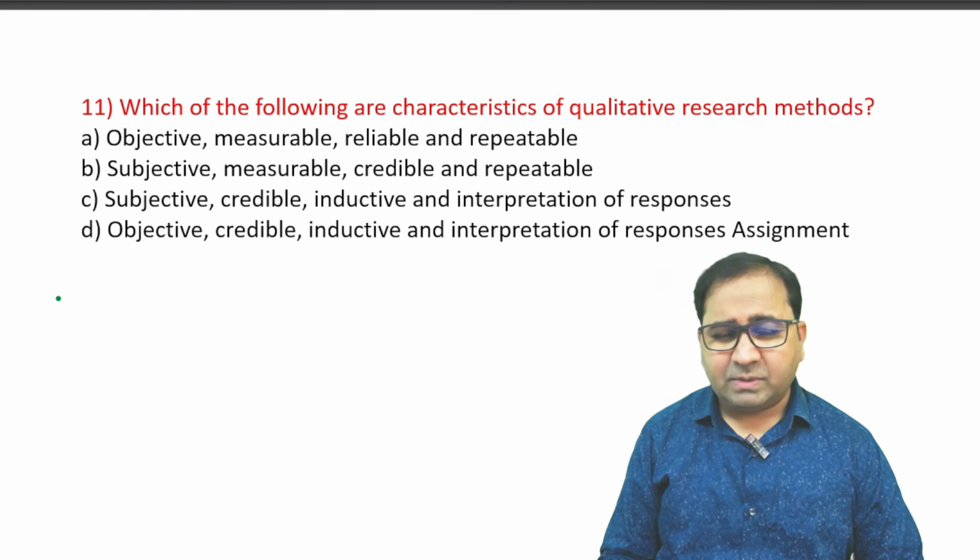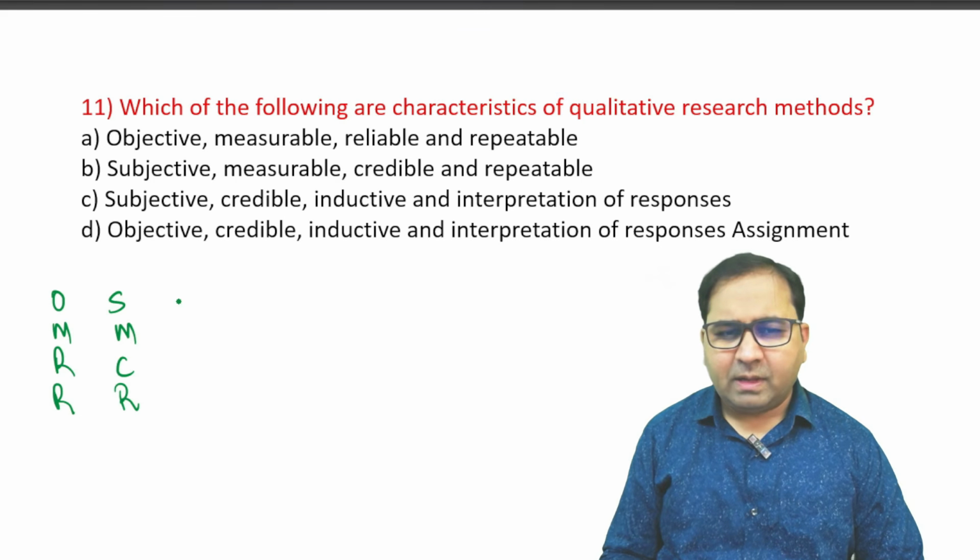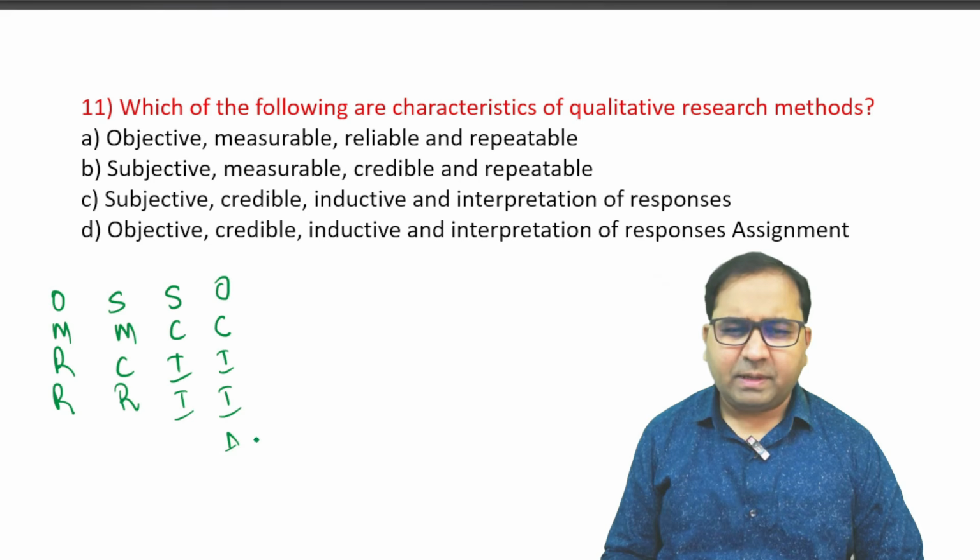Once again, in option A, it is objective, measurable, reliable, repeatable. In B, subjective, measurable, credible, repeatable. In C, subjective, credible, inductive, and interpretation of responses. Finally, option D is objective, credible, inductive, interpretation of responses, and assignment.